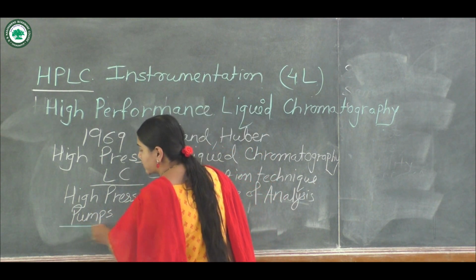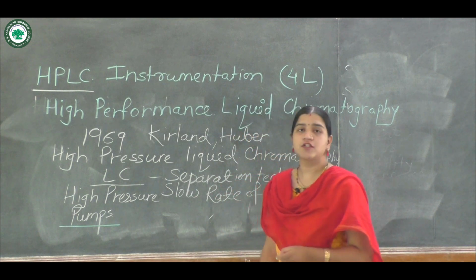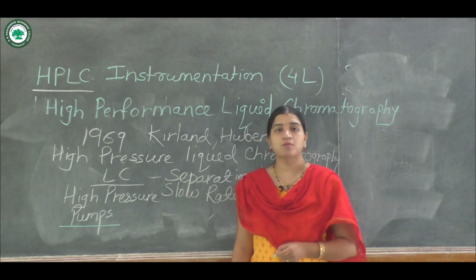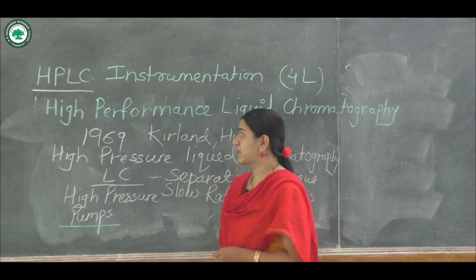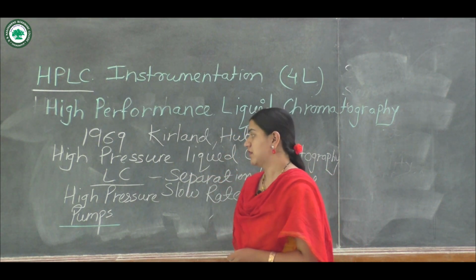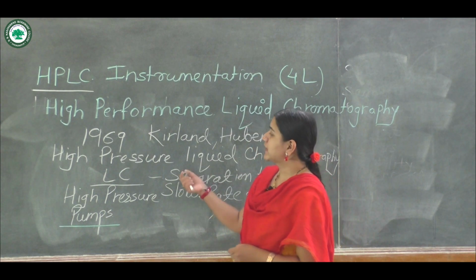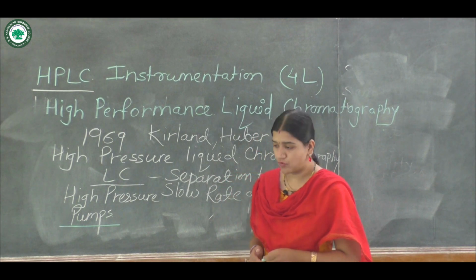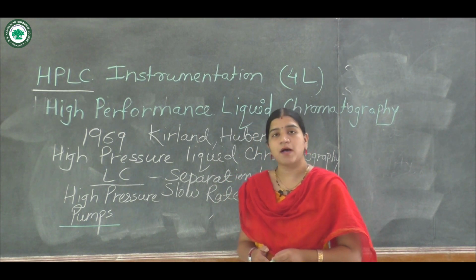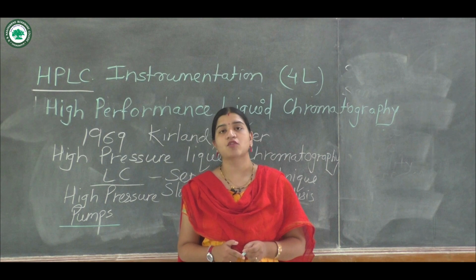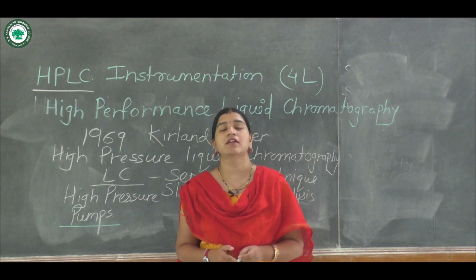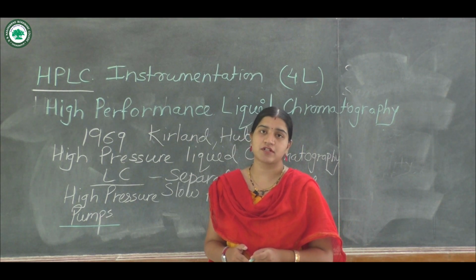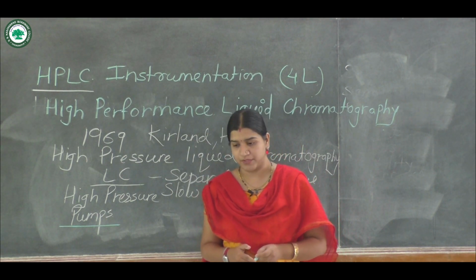So different types of pumps and the use of a pump in HPLC will play a very important and crucial role as far as HPLC is concerned. Therefore, in case of HPLC, pumps play the most important role. These pumps are introduced in the normal liquid chromatography technique because they operate at high pressure, or they are applying the high pressure.